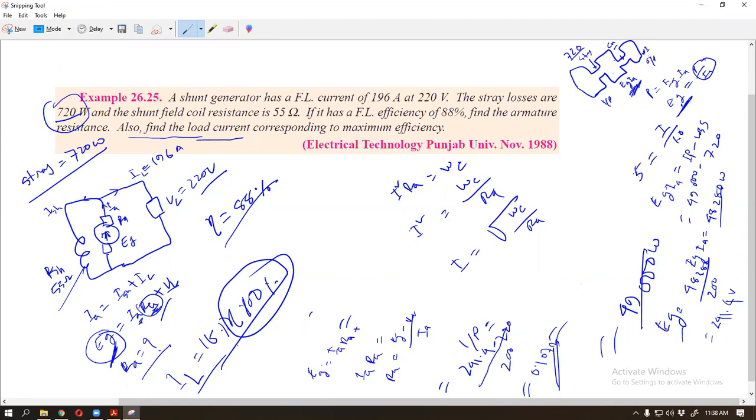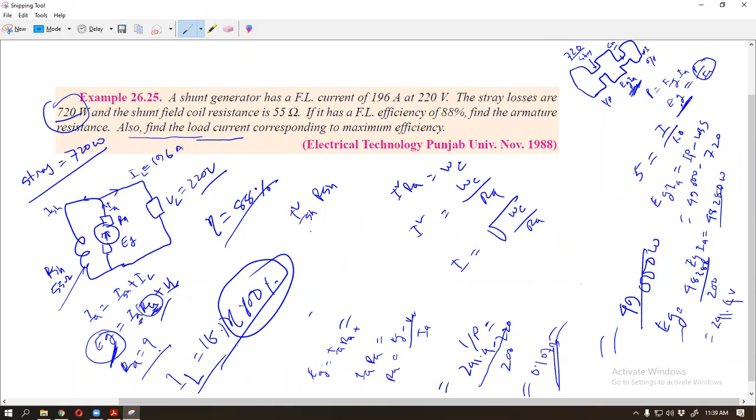This part is another loss, copper loss. There are two losses: one is the armature loss and another is the shunt loss. So the shunt loss is ISH square RSH. Loss means power, so power means I square R. So this part is the shunt loss.